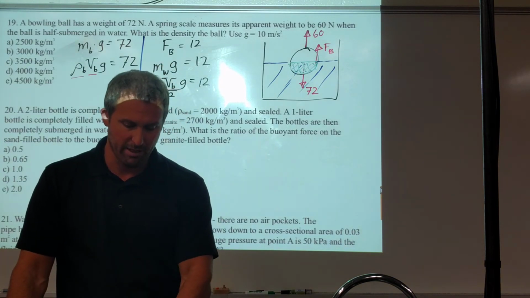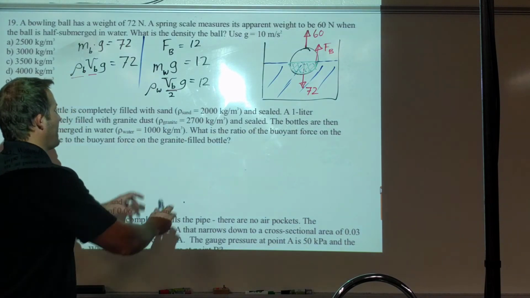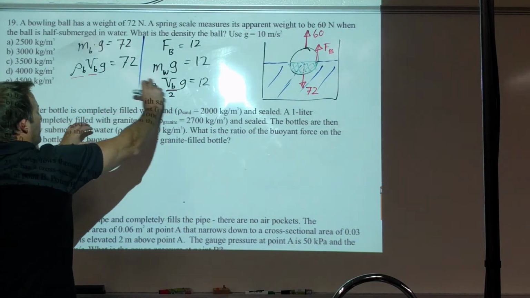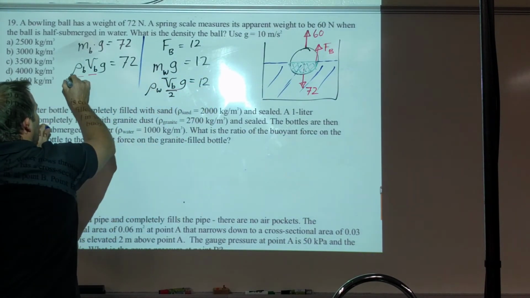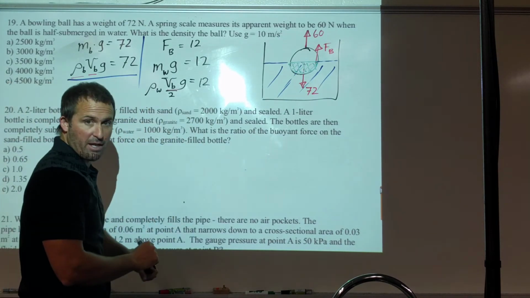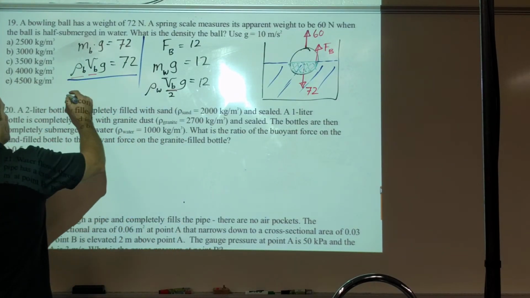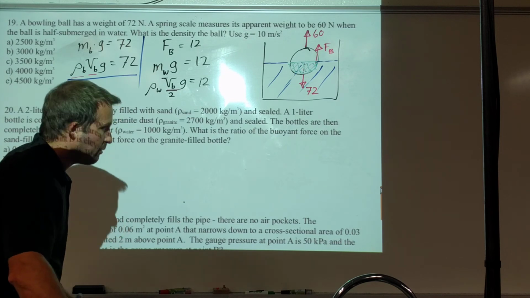The other way that we could do this is just take this whole equation, take this one and divide it by this one, right? Because these two sides are the same.